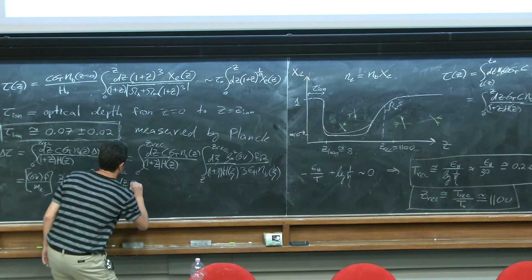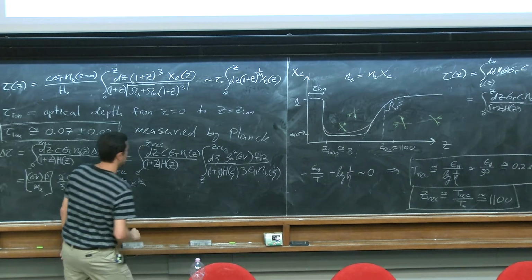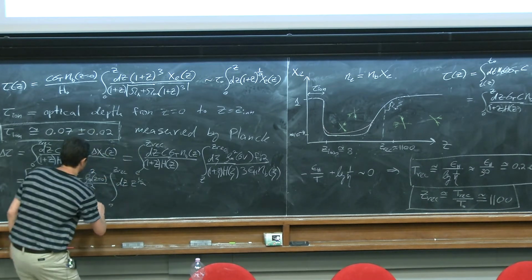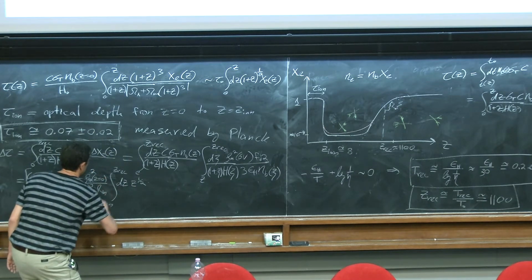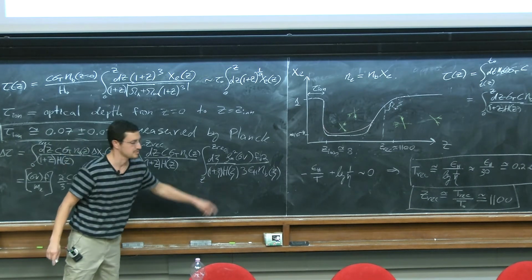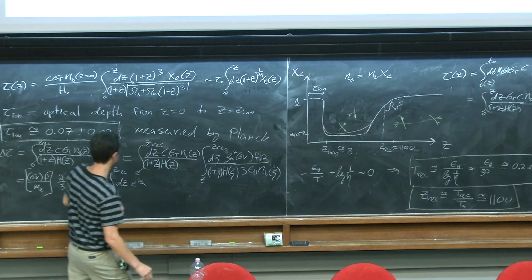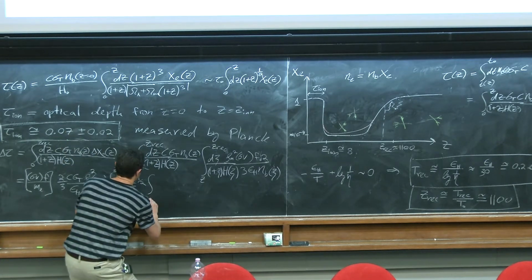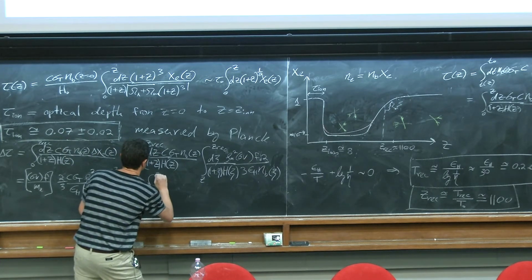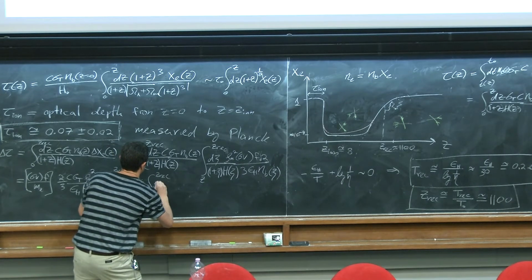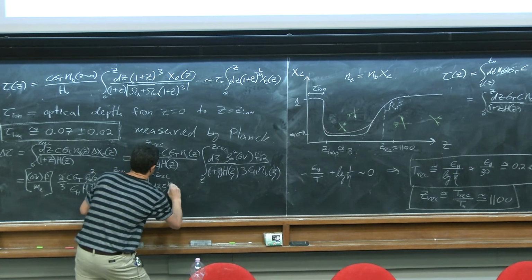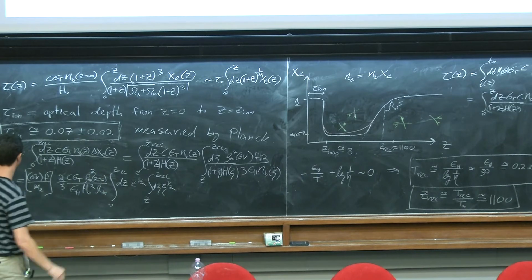So I have overall z to the half, and I'm in the matter-dominated region, so I have an omega m, because each of these Hubbles is proportional to square root omega m times (1+z) to the 3/2. So this is one integral, and the second one is from z to z rec again, times this, and that's it. We are done.